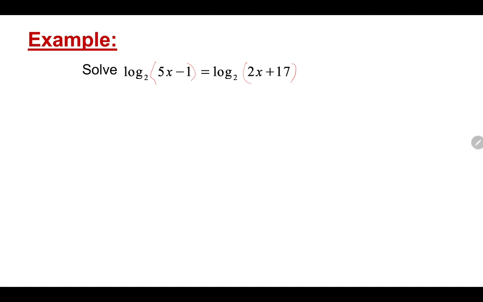Because the log base 2, what we're really doing is saying, well, let's raise this. Let's put a 2 under here and a 2 under here. 2 to the log base 2 just becomes 1. This filters off. This filters off. Whatever you do to one side, you got to do the other. They basically filter off, and you end up with this idea. 5x minus 1 is equal to 2x plus 17.